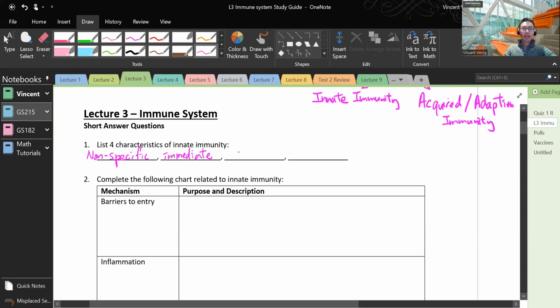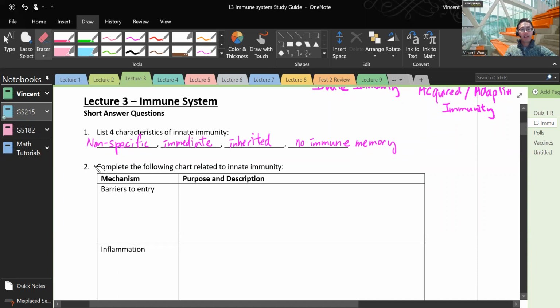Okay, it is inherited, and it has no immune memory. It doesn't remember what you have fought off. So next time you encounter the same thing again, you will have to fight it off from scratch. And so these are the 4 characteristics of innate immunity.